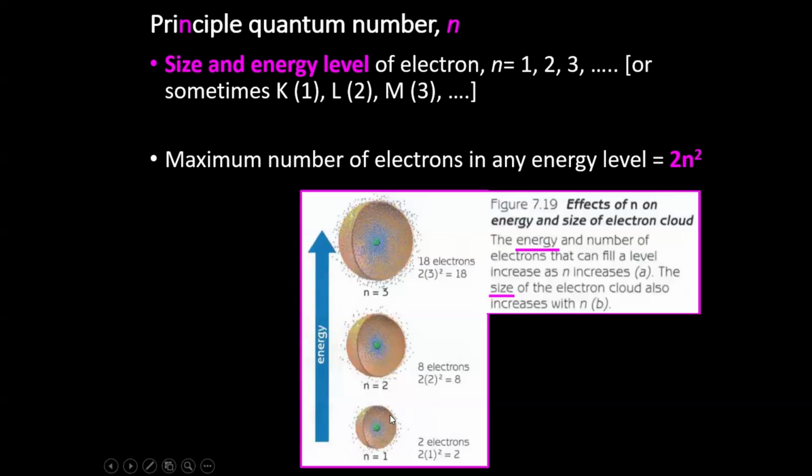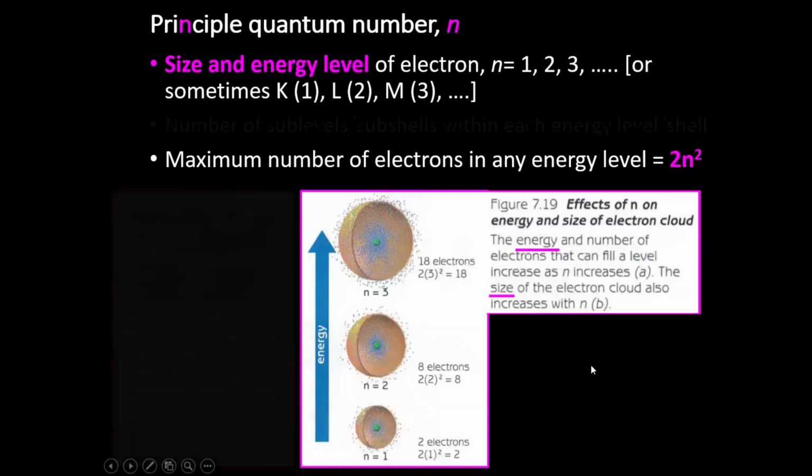So the very first level, if N is 1, 1 squared is 1 times 2. Only 2 electrons can fit in here. And then the second energy level, 2 squared is 4 times 2 is 8. The third level can hold 18 and so on. So they're bigger, they're higher energy level, and they hold more electrons as they get bigger.